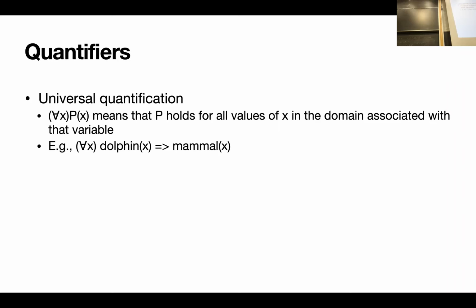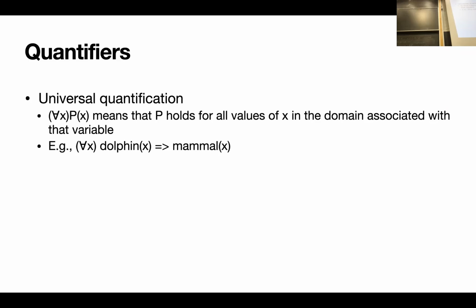In more detail, the universal quantification means that for all X, P of X has to hold for all values of X in the domain associated with that variable. So for all X, dolphin of X implies mammal of X, for example.